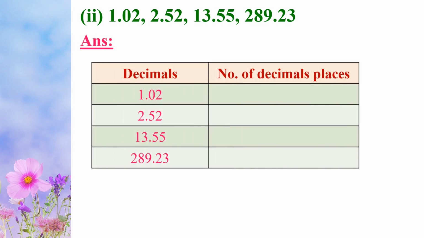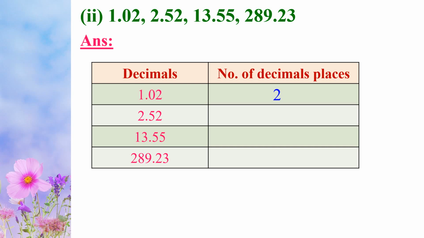Next, the given decimals are 1.02, 2.52, 13.55, 289.23. First, let us find the number of digits in the decimal parts. The first decimal, 1.02, has 2 digits in the decimal part.